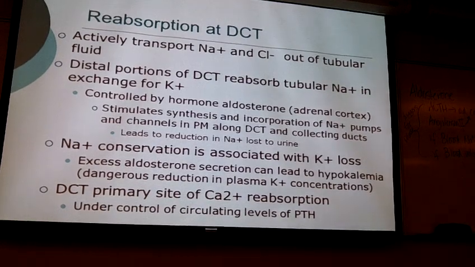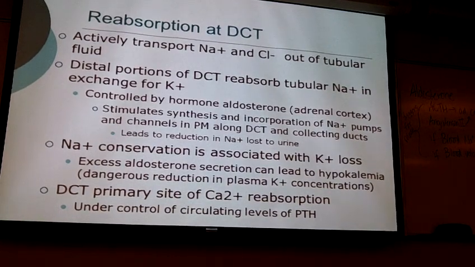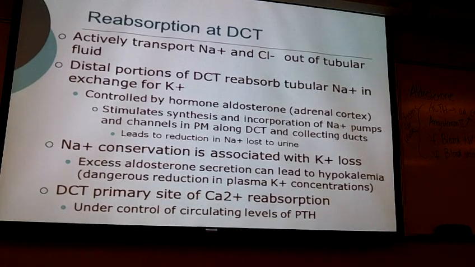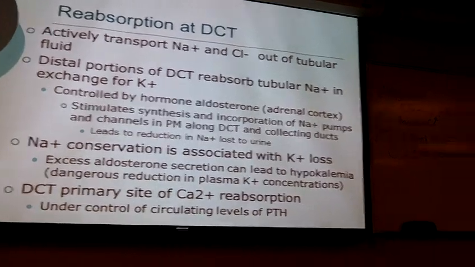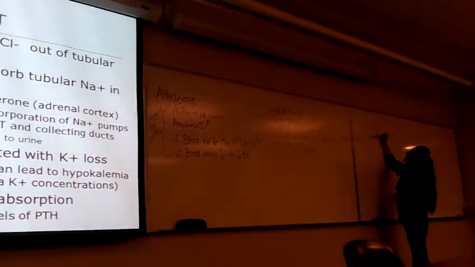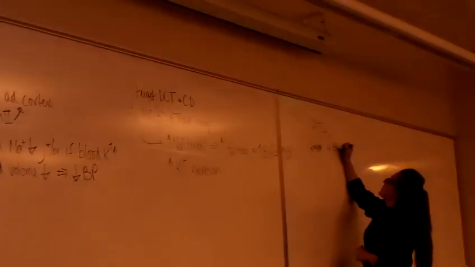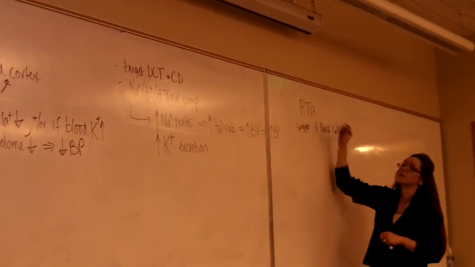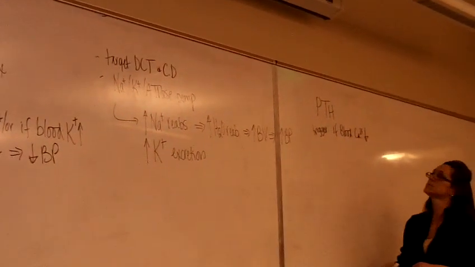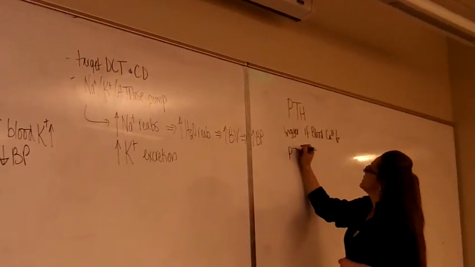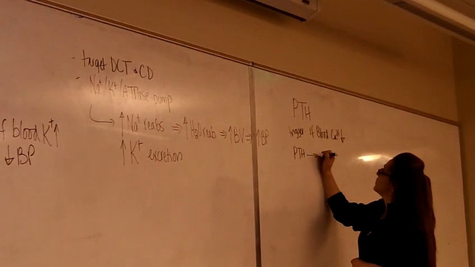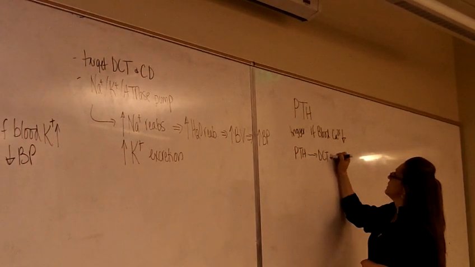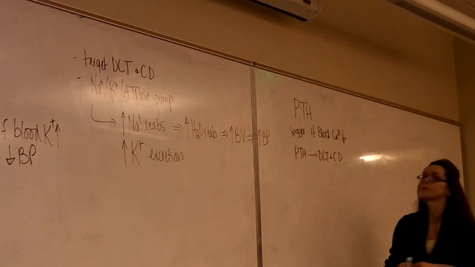Now, the other hormone I want you to be familiar with is PTH, right? So PTH, remember the triggers for PTH. If your blood calcium levels become too low, then PTH is released. PTH is going to go to your DCT and your collecting ducts.